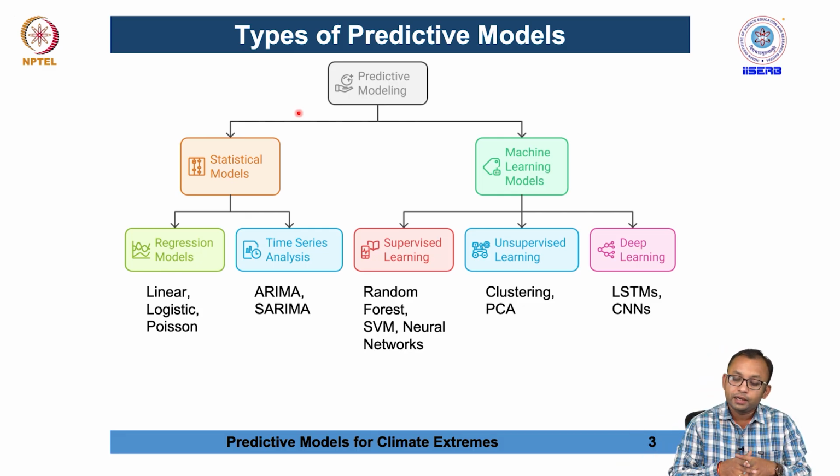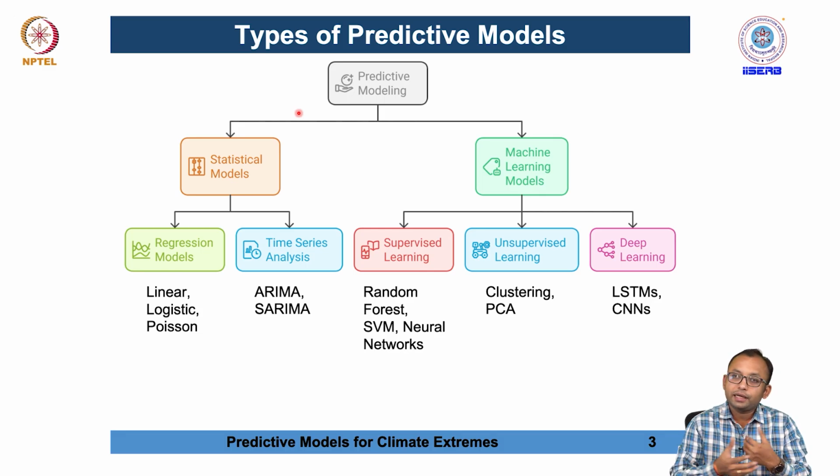For example, in supervised learning we talked about random forest, support vector machine and neural networks. For unsupervised learning, if we are interested in finding clusters or reducing the dimensionality of the data set, we use unsupervised learning methods.